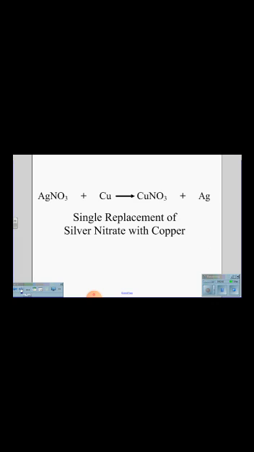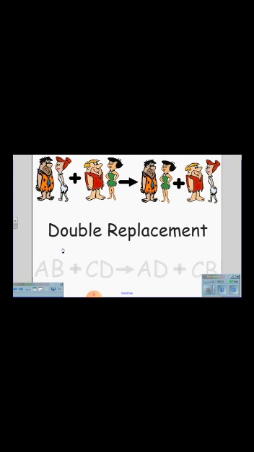And our last type of chemical reaction is a double replacement. That's if the Flintstones went to that same dance, and there they met the Rubbles. And while they were dancing, Fred ended up with Betty, while Barney ended up with Wilma. In this case, we are exchanging two partners, this being double replacement.